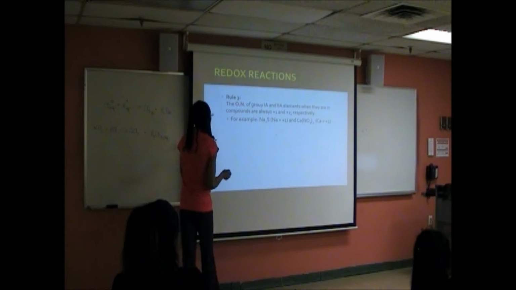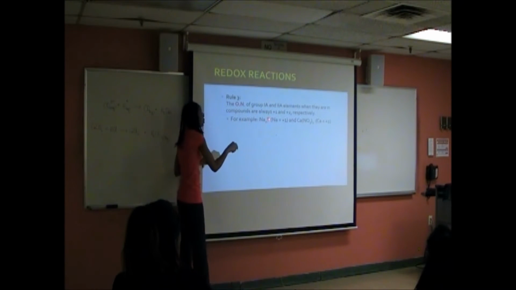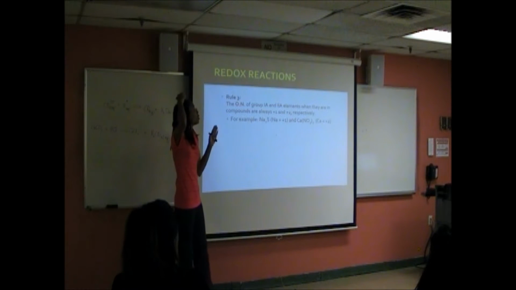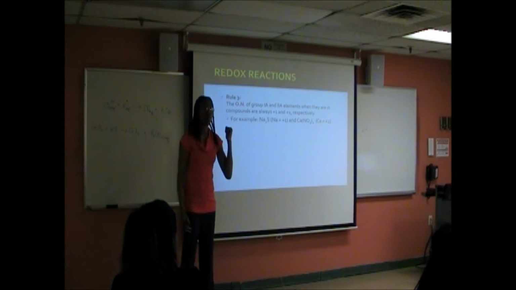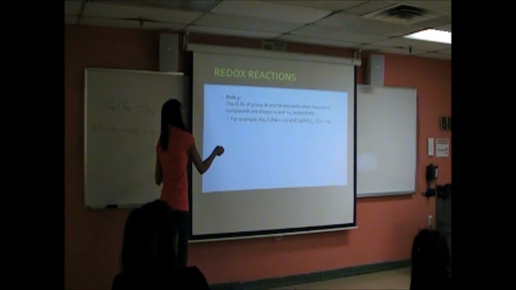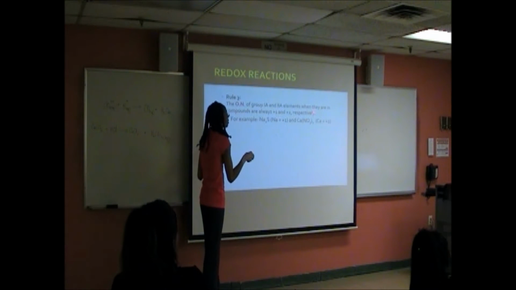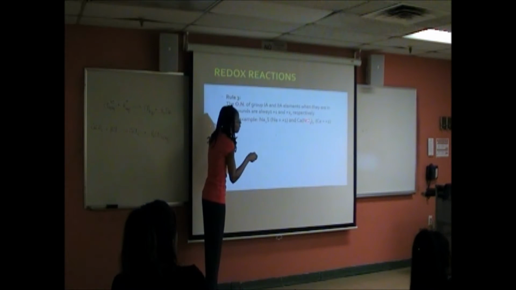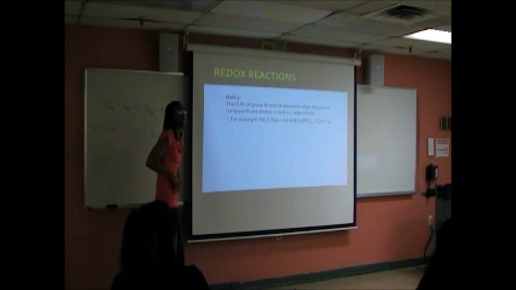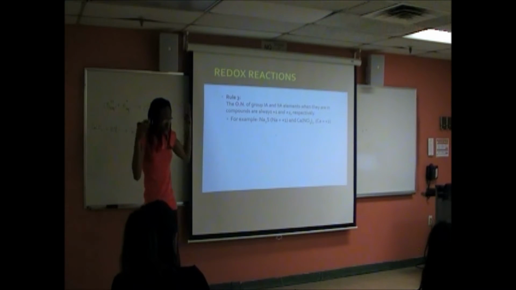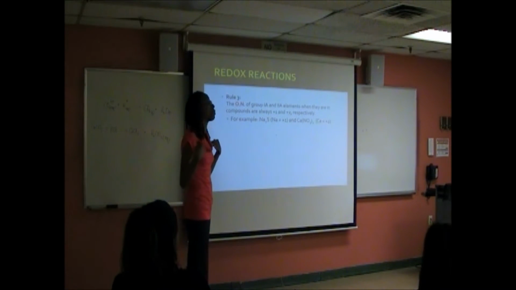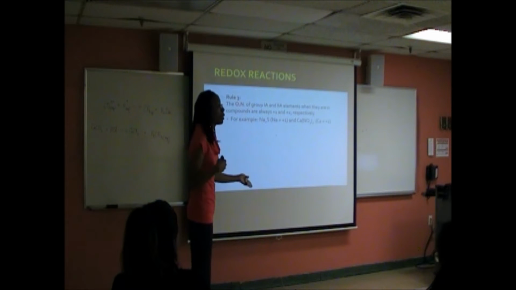For example, here you have sodium sulfide. Sodium is in group 1A, so therefore the oxidation number is +1. Calcium nitrate: calcium is in group 2A, so the oxidation number is +2.